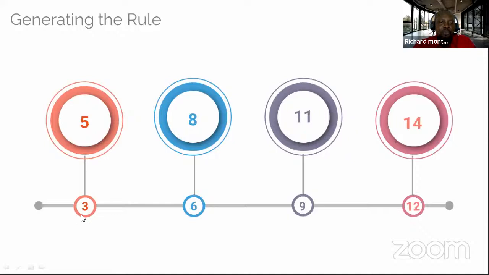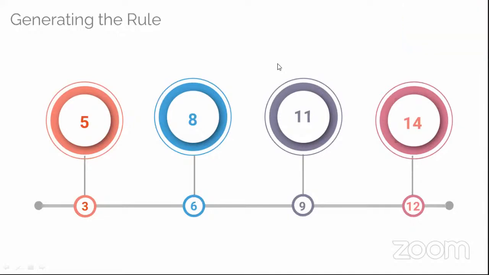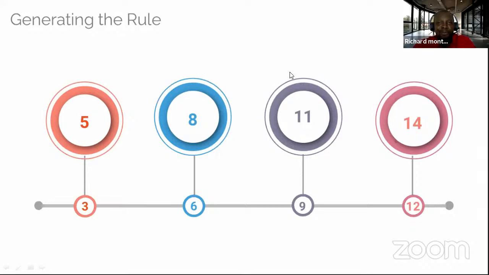What other operation do I need to do to, let's say, 3 in order to get 5? Are we able to see that coming out, students? All right. So most persons, I'm seeing persons saying add. All right, so we need to add specifically how much?